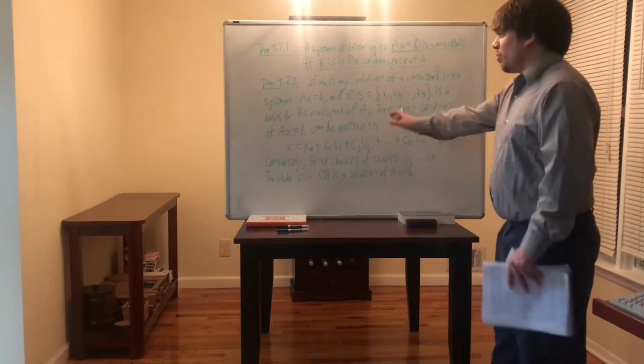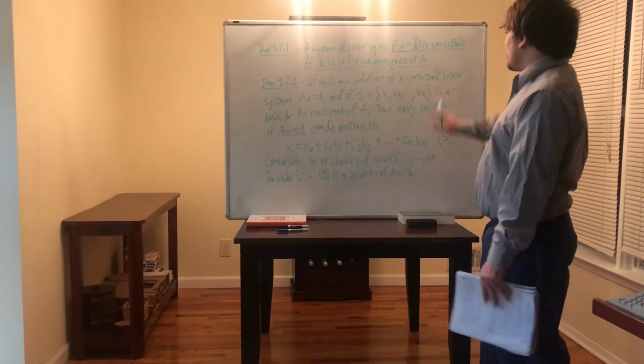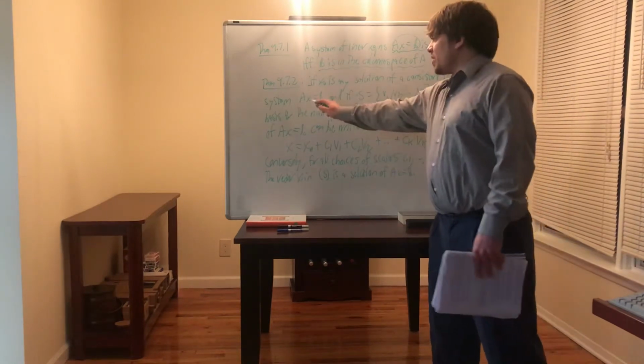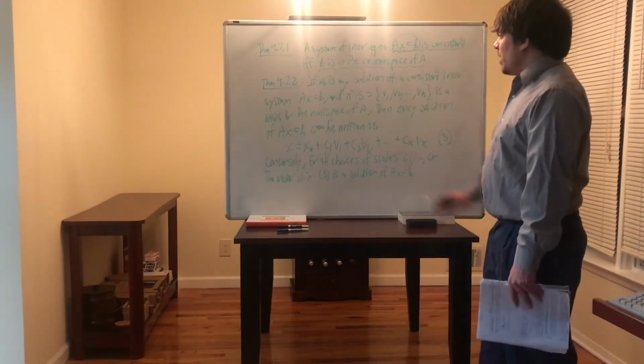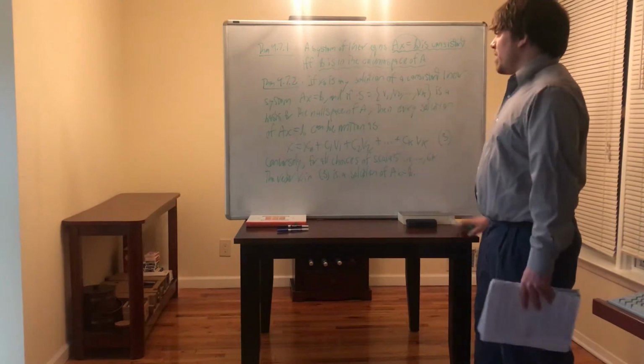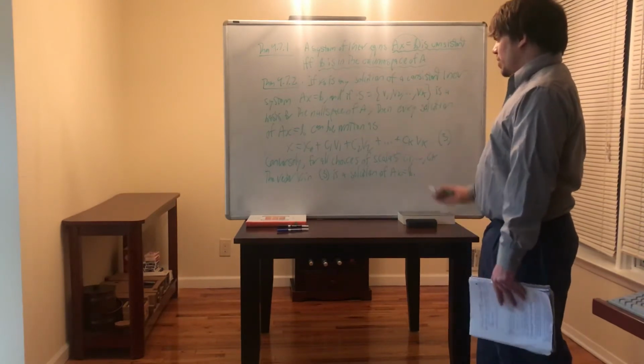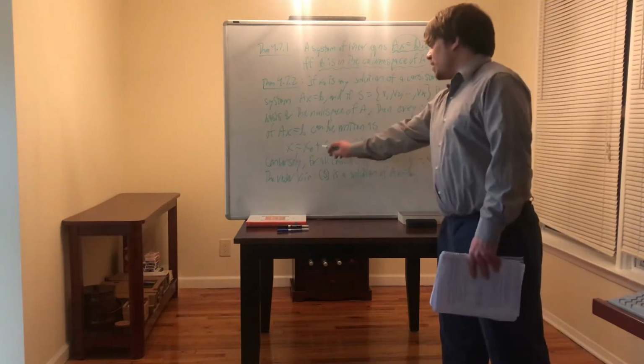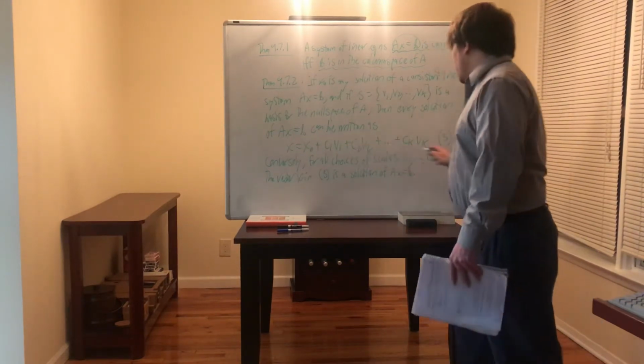So this is Theorem 4.7.2. If X naught is any solution of a consistent linear system AX equals B, meaning AX naught equals B is true, and if S, this set, is a basis for the null space of A, then every solution of AX equals B can be written as X equals X naught plus that sum.